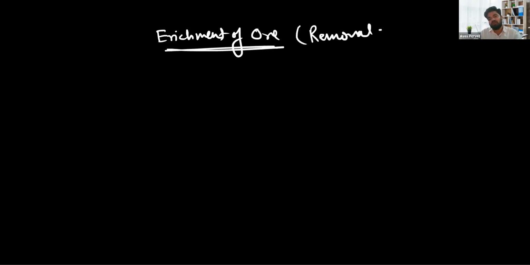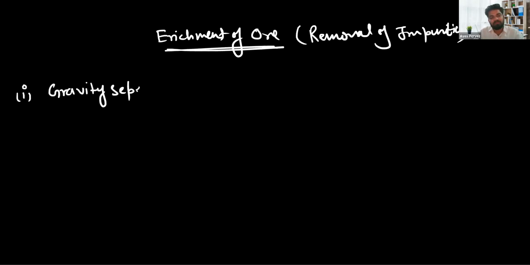This time I'm just going to write the names of the methods only, because in detail it is not asked in the examination, as it has been cut from the 10th standard. We have different methods. The first one is gravity separation, or hydraulic washing.